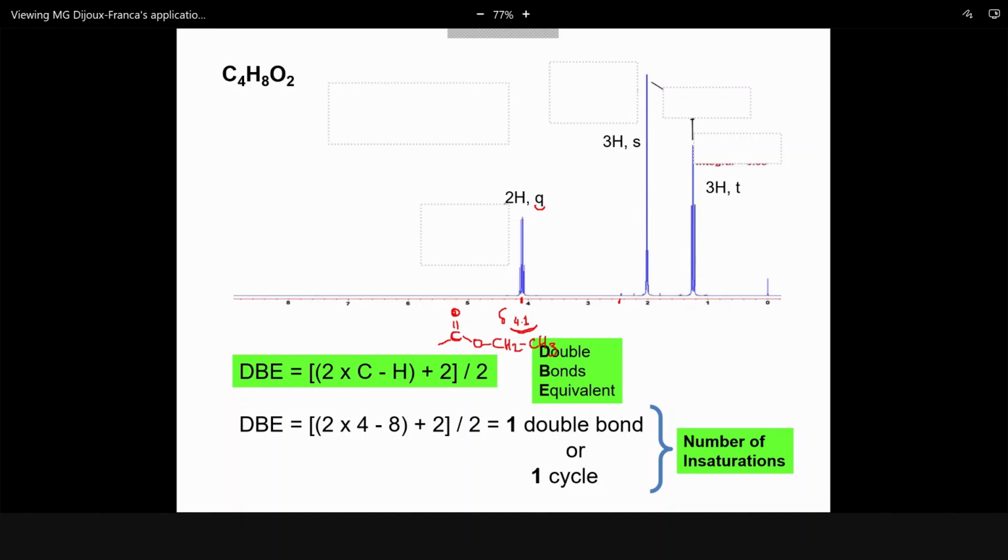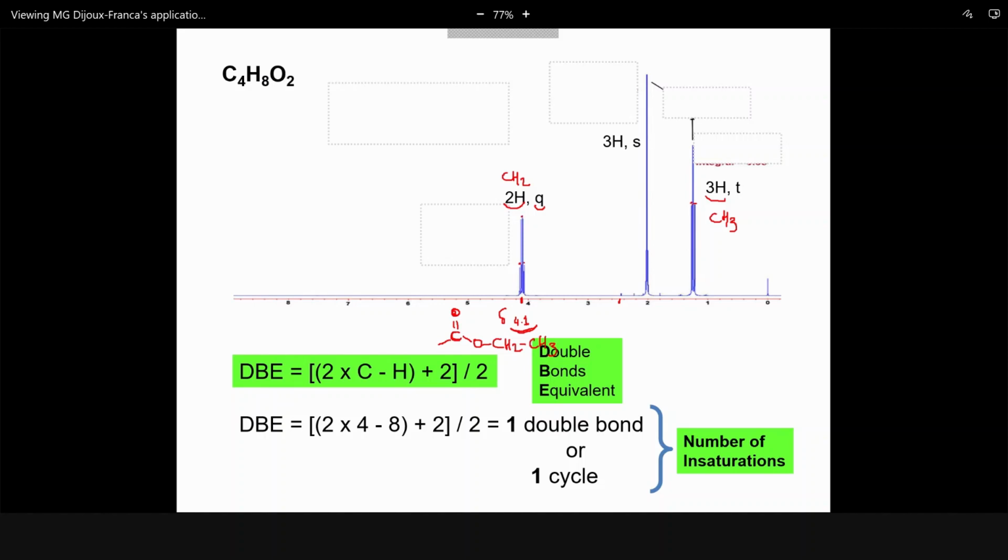Here you have 2 protons, so this is a CH2. Here you have 3 protons, so this is the CH3. If we could measure the coupling constant, we would see that this coupling constant is the same as in here. So they are closely related.